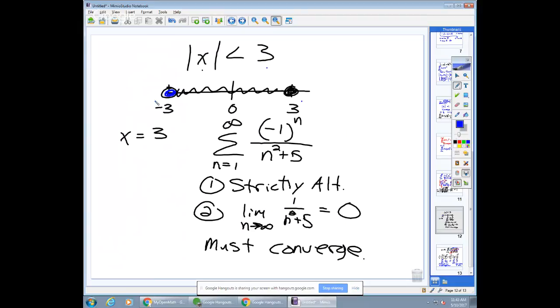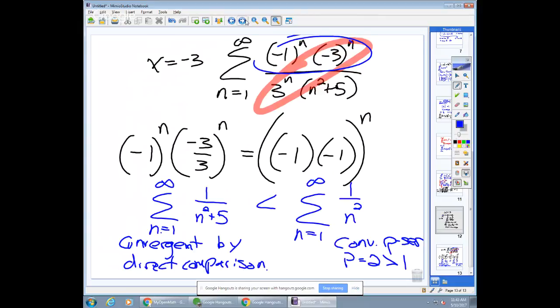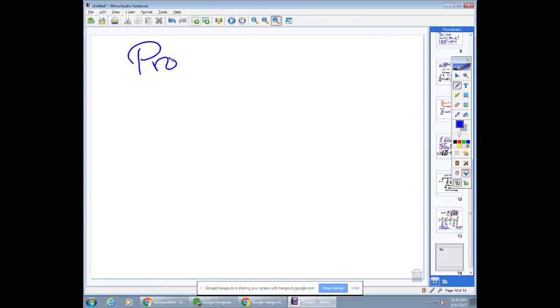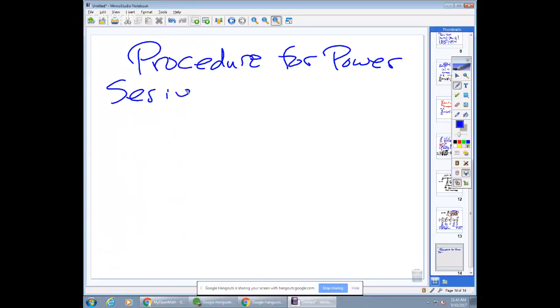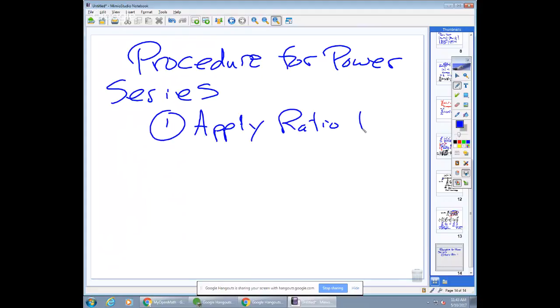So the procedure for power series is pretty much the same at first. First step is usually to apply the ratio test to get the radius of convergence.